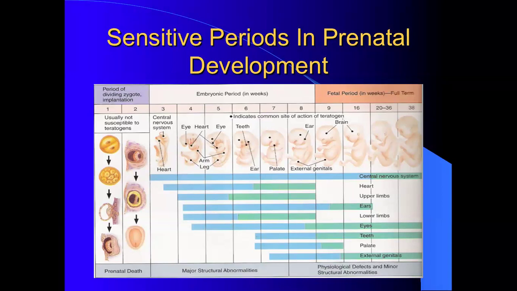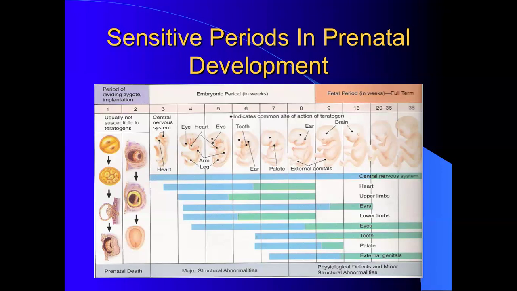Now, let's look at what's happening in terms of the blue versus the green. The blue is what we call primary development, which is essential development of that process. For many things that happens within weeks 2 through 8, but if you look at the central nervous system, its primary development continues to about week 20. Other things like your ears, your palate, your genitals continue to develop into week 9 and so forth.